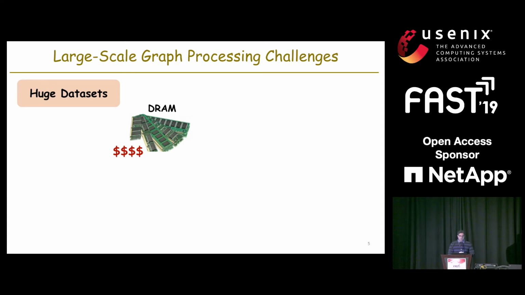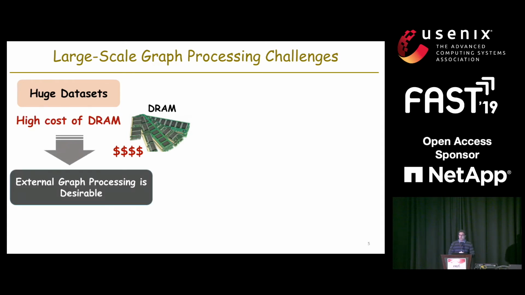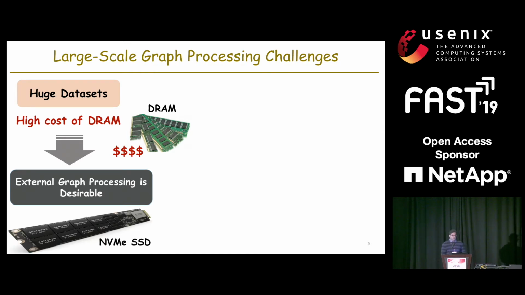But due to the high cost of DRAM and also the dramatic increase in graph dataset size, external graph processing is very desirable, where we can leverage popular NVMe SSDs, which have a much lower price per gigabyte, and they offer good performance.